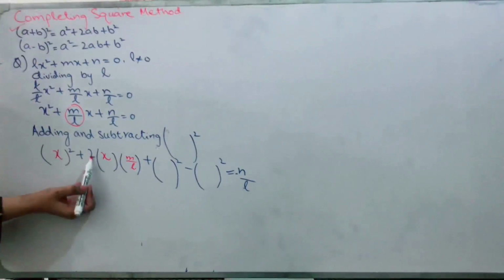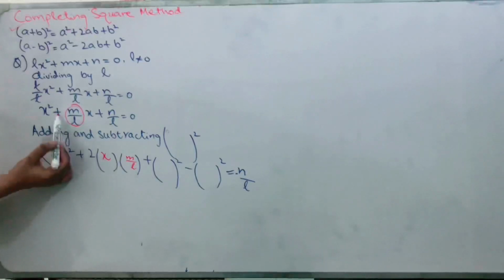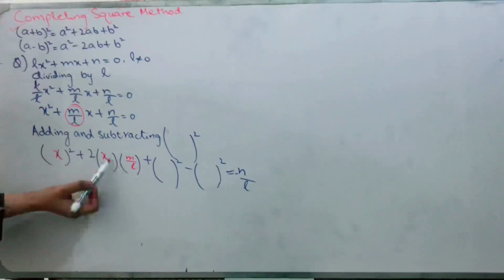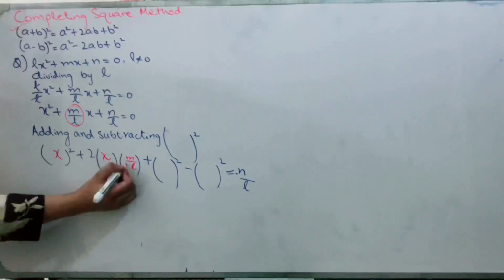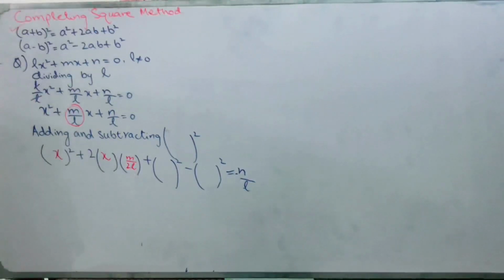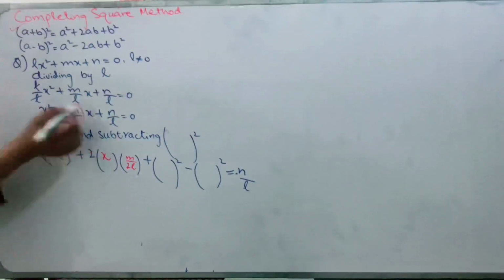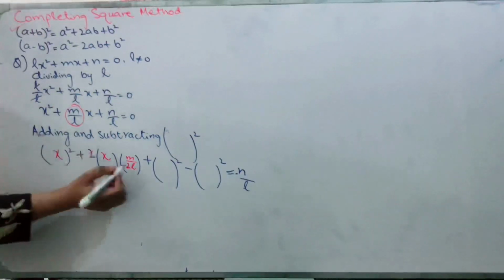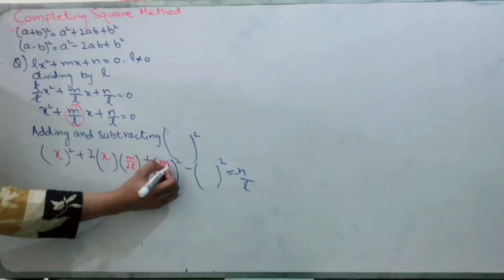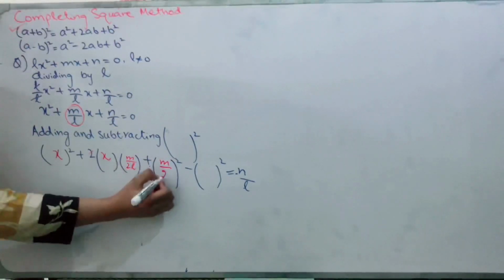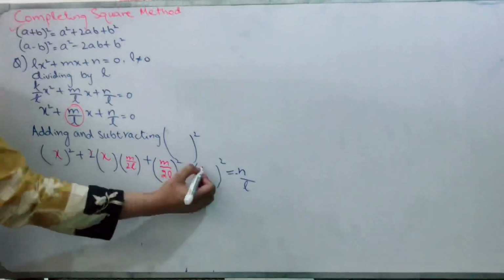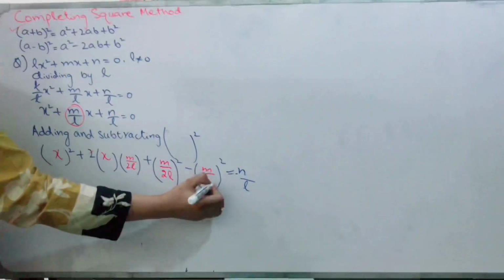If I multiply 2x by m by l, here there is no 2, it means that this 2 is extra. So I am multiplying it, I have to divide it also. Now see, when I cancel this 2 with this 2, I again have m by l x. I hope it's clear now. And this is my b now, so I am adding and subtracting.